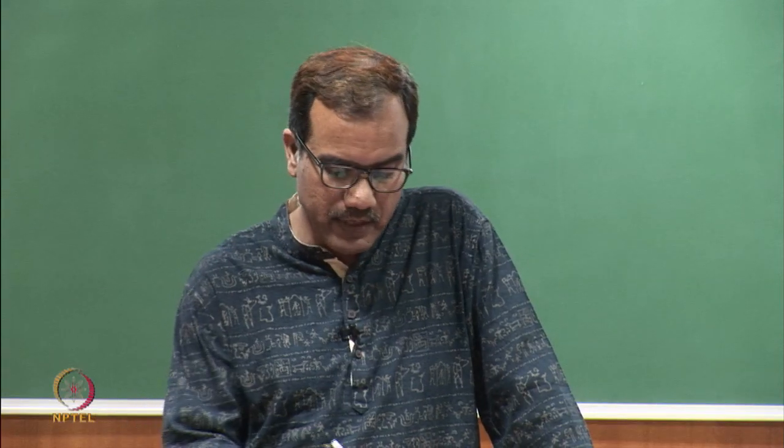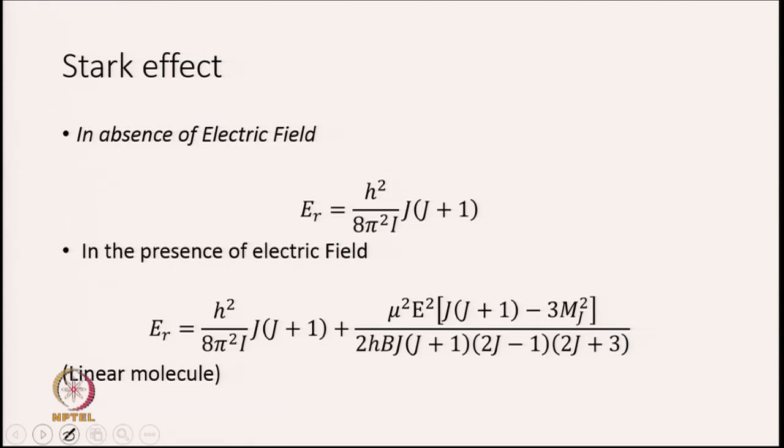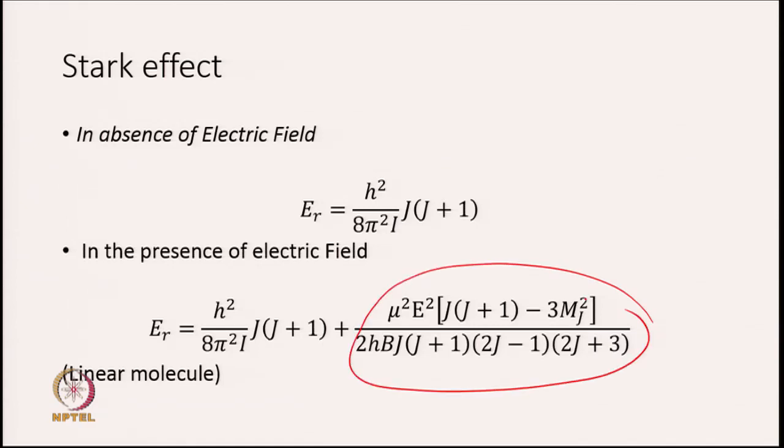Okay. So, in the absence of an electric field, we know that the energy is given by h square by 8 pi square I, j into j plus 1, but in the presence of an electric field, particularly for a linear molecule, one more term comes in. So, in the absence of an electrical field, the energy is not dependent on m, but in the presence of an electrical field, the energy is dependent not only on j, it will also be dependent on m.